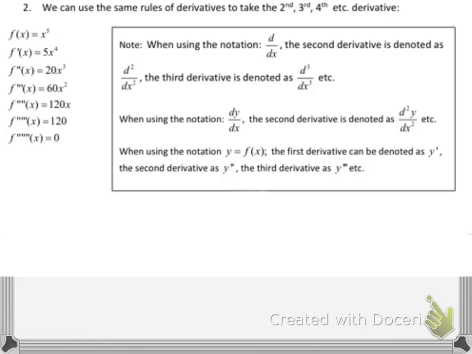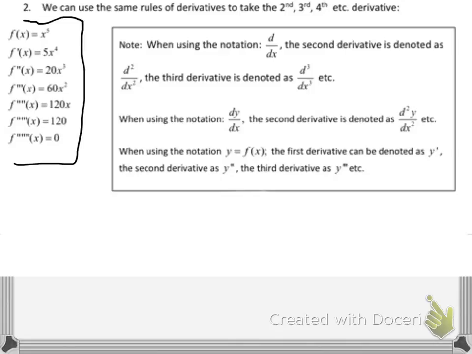So on the bottom of the first page of the notes, we say that you can use the same rules of derivatives over and over and over again. So you can take the second derivative, the third derivative, the fourth derivative, etc., just by using the same derivative style and technique. So look right here in this box.